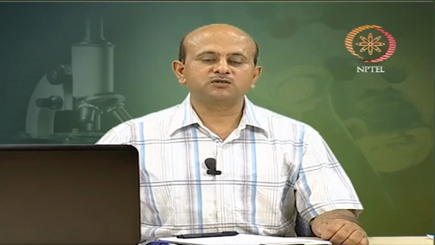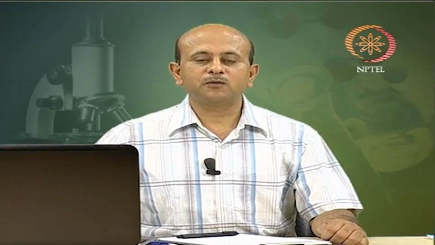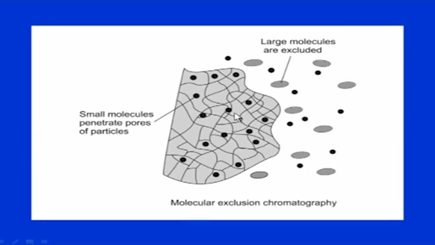The pores are normally small and exclude the large solute molecules, but allow smaller molecules to enter the gel, causing them to flow through a larger volume. This causes the larger molecules to pass through the column at a faster rate than the smaller ones, because larger molecules will not be able to enter the pores and will not be retained for a longer period of time as compared to smaller molecules. You can see there are pores, and these molecules are entering and going out. So, they spend more time in the column as compared to the bigger particles which will not be entering these pores.